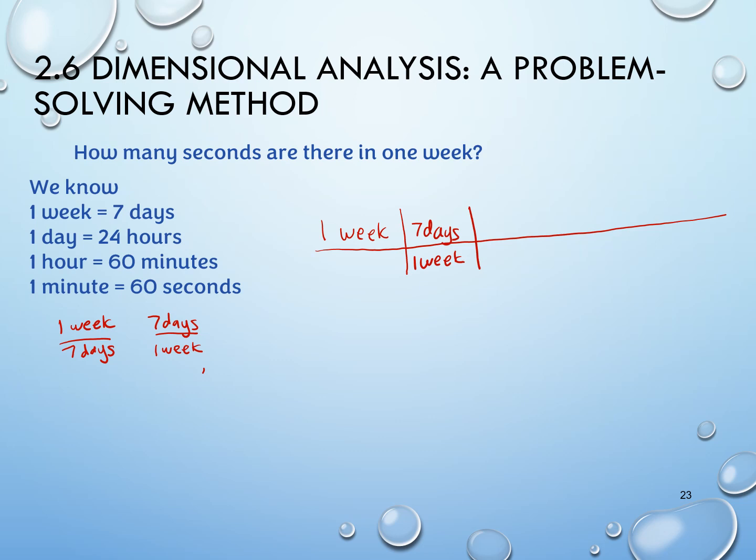I know that 1 day is 24 hours. So I'm going to cancel out the day: 1 day goes on the bottom, 24 hours goes on the top. And then the next thing I want to do is 1 hour to 60 minutes. So 1 hour has 60 minutes. And then we can do 1 minute has 60 seconds.